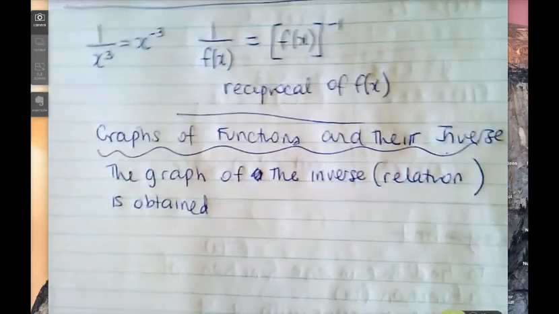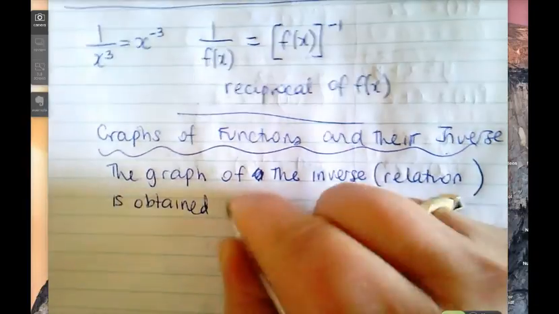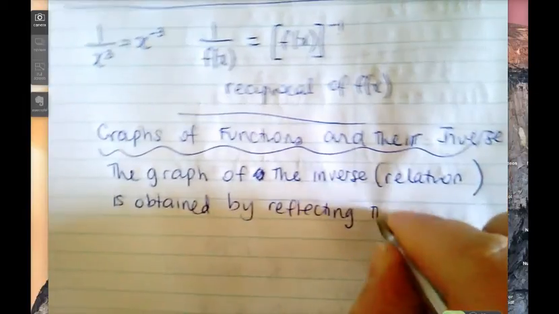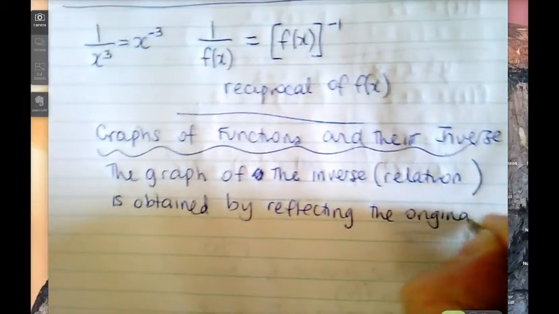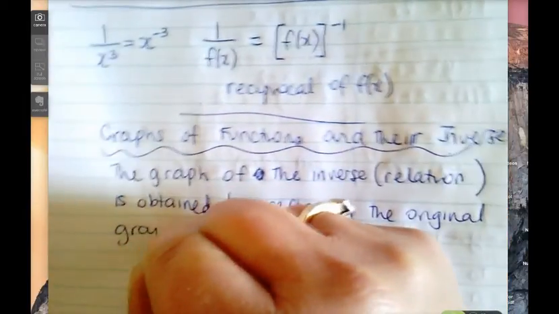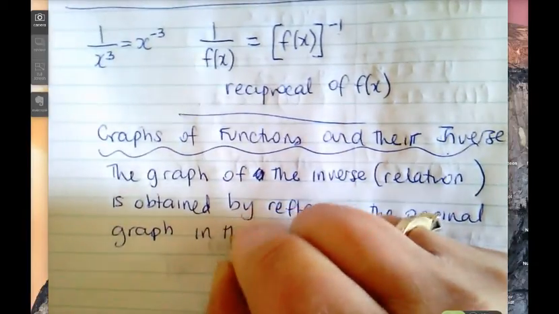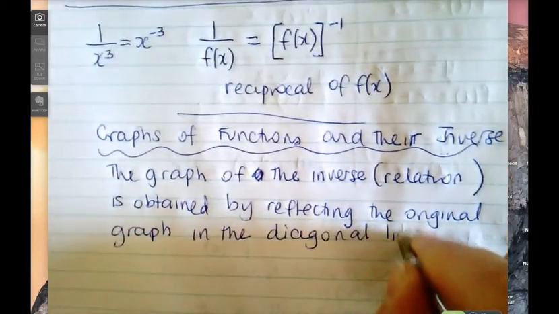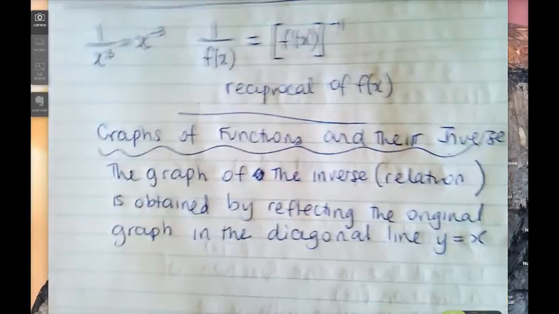The graph of the inverse relation is obtained by reflecting the original graph in the diagonal line y equals x. So we're going to draw some.